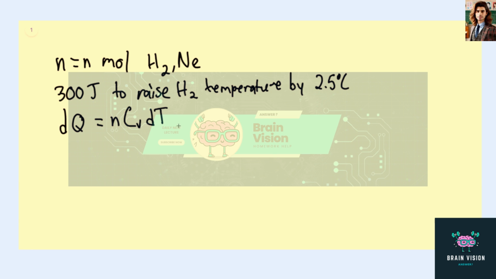We're going to have to find the CV, so the molar heat capacity at a constant volume for hydrogen gas is going to be equal to the DOF over 2 times R. And the degrees of freedom, DOF, simply means in how many dimensions the actual molecule can orient itself differently.